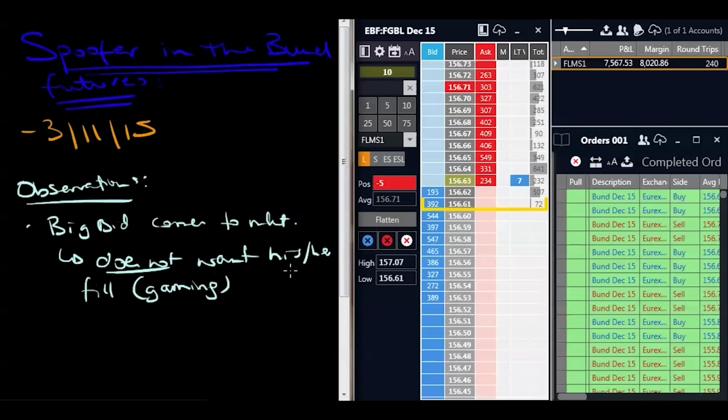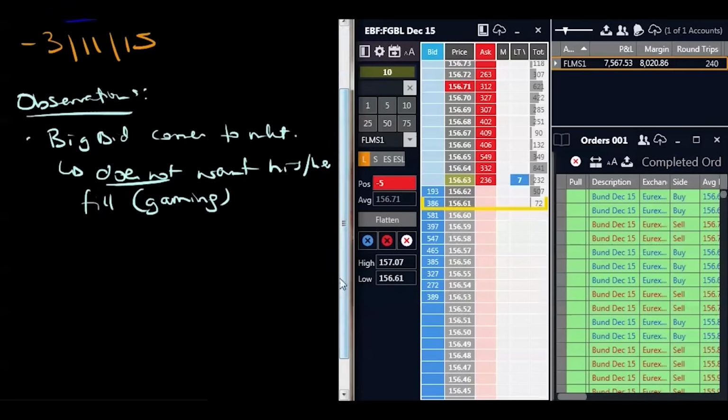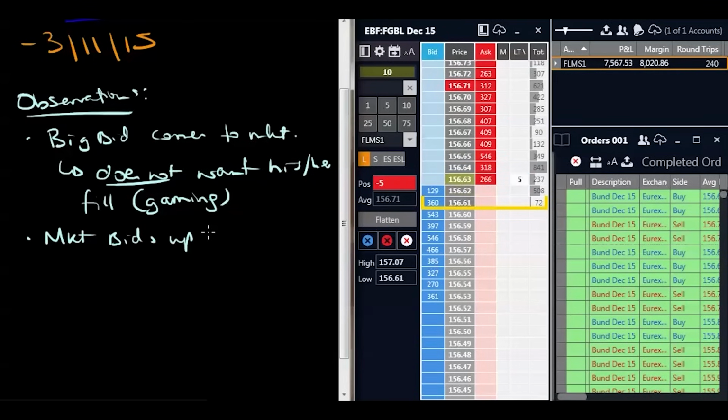So as soon as you know that it's gaming, you know there's something potentially happening. So you could see he bids it up, then we can see the market bids up, and we can make the assumption he's getting filled on the offer.